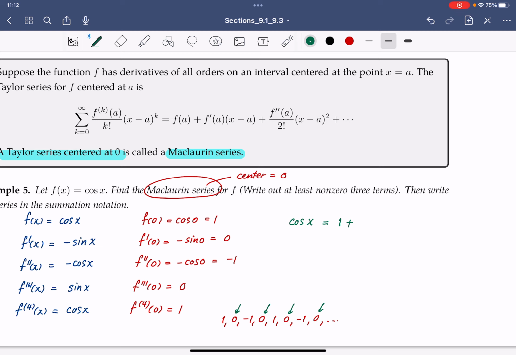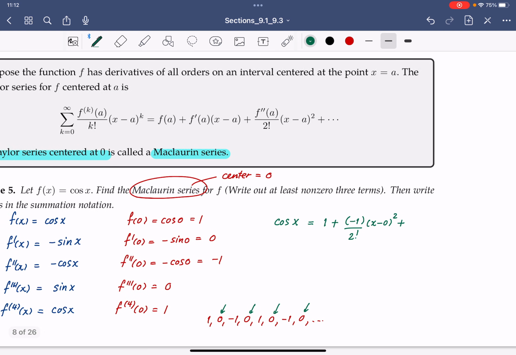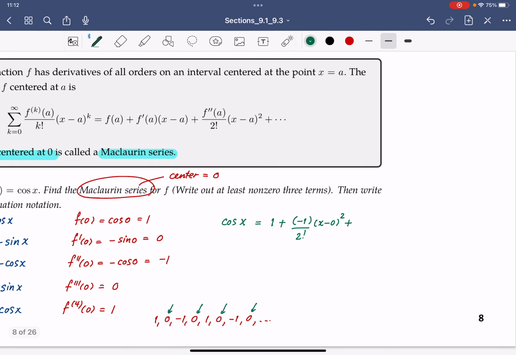The next term you have because the coefficient is negative 1, so it's negative 1 over 2 factorial times x minus 0 squared. The next term you don't have because the coefficient is 0. Then the next term is 1, but now the degree goes to 4, because this is degree 0, 1, 2, 3, 4. So it's x minus 0 to the 4th power over 4 factorial, and the next term is 6, and keep going.